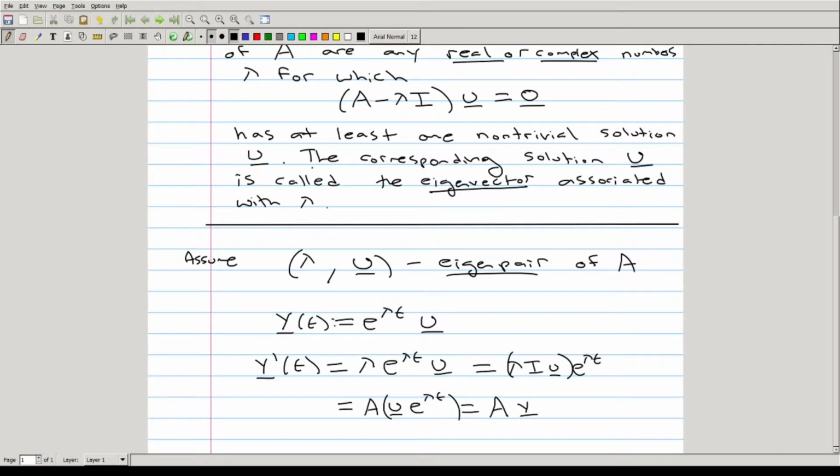So this clearly shows why knowing all of the different eigenvalues and eigenvectors of a given matrix A is fundamental to forming the fundamental solution set of linearly independent solutions to a given system of differential equations.